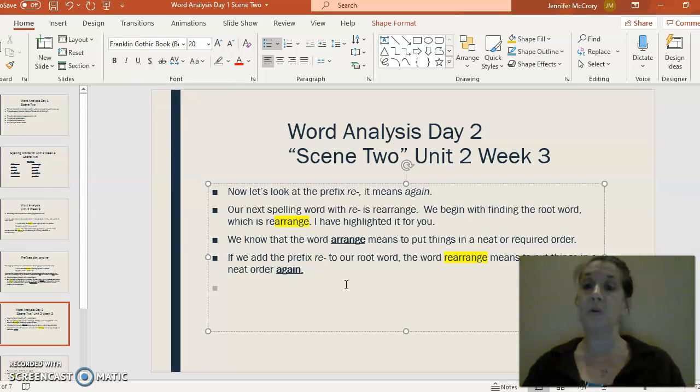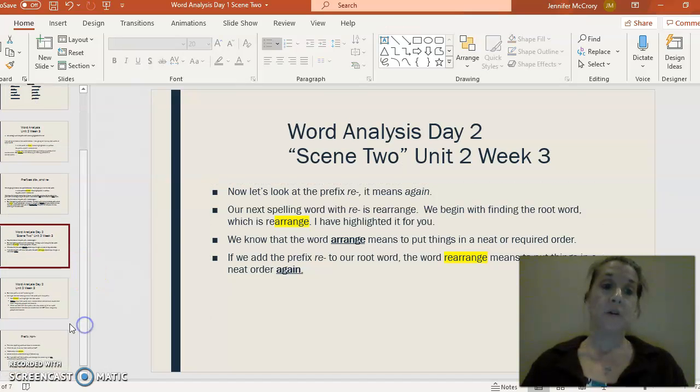I want you to rearrange my desk the way I had them before. So I want you to put them back in the order that they were before. So I want you to rearrange.